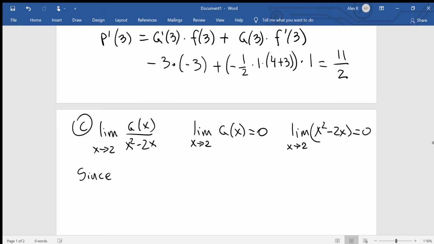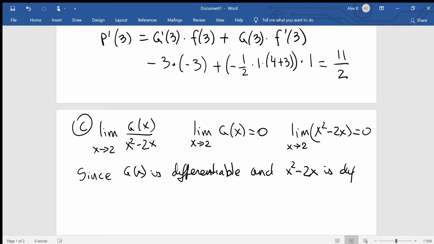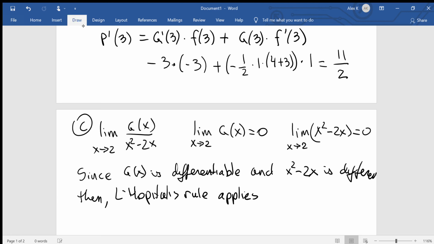Since g of x is differentiable, and x squared minus 2x is differentiable, then L'Hopital's rule applies. Okay, and then we can go ahead and take care of that.